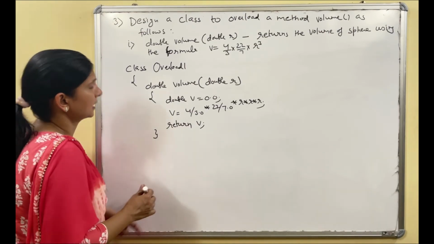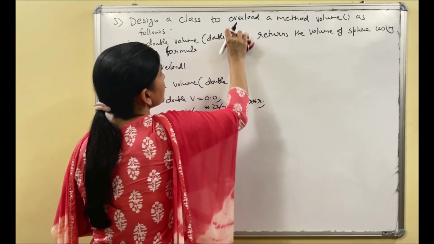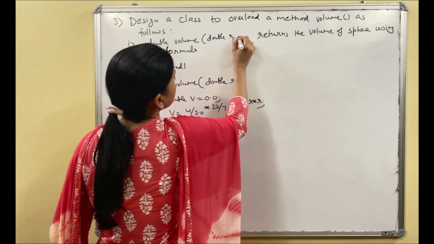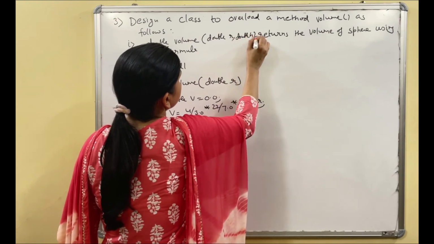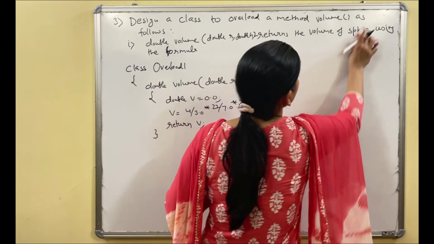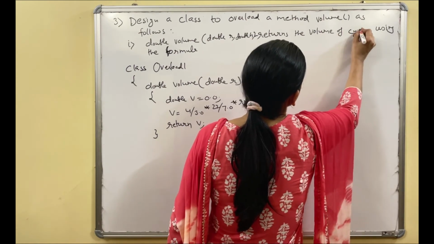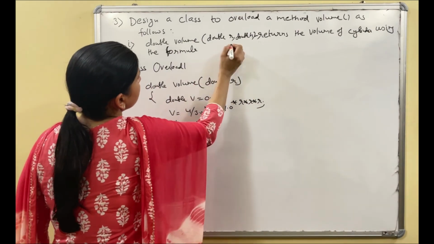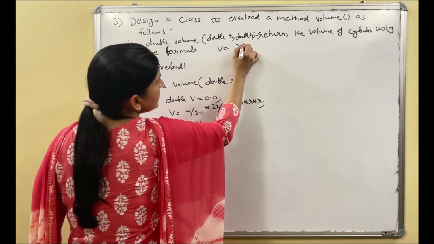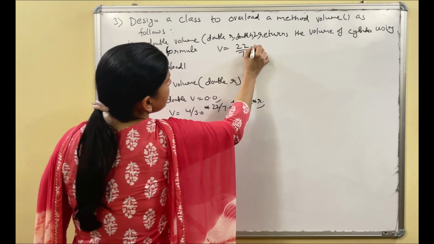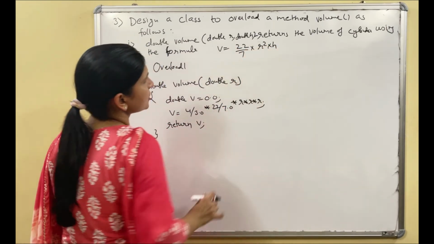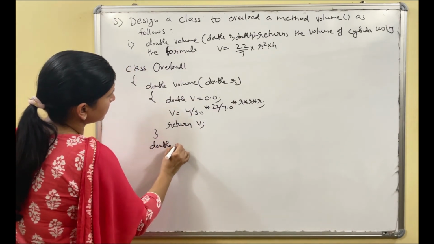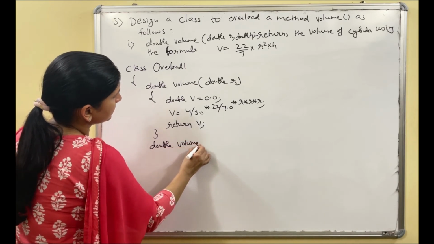In the same way we will make another function, and in this function 2 parameters are passed as it is given in the question, double r, double h, right? And it returns the volume of a cylinder using the formula. What is the formula for the volume of a cylinder? v equals pi r square h. So pi is 22 by 7, r square into h. It is already given in the question. So let's make it quickly. Double volume, again the same name.